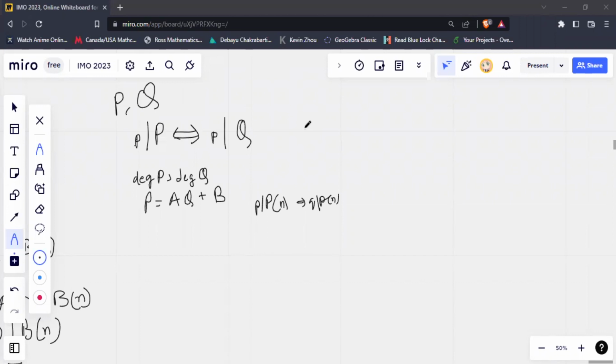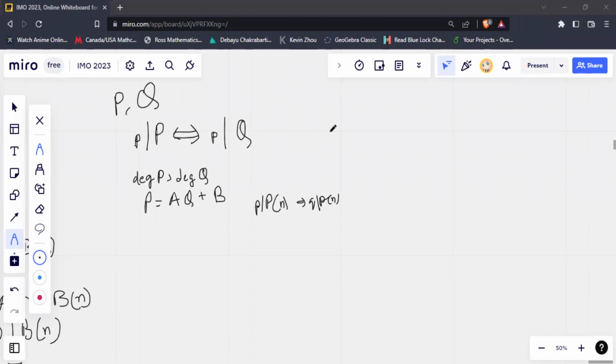Wait, but can't you make P and Q be divisible by the same prime for some value of n? It's pretty easy to do that, right? Can't you make P and Q be divisible by the same prime for a fixed value of n?